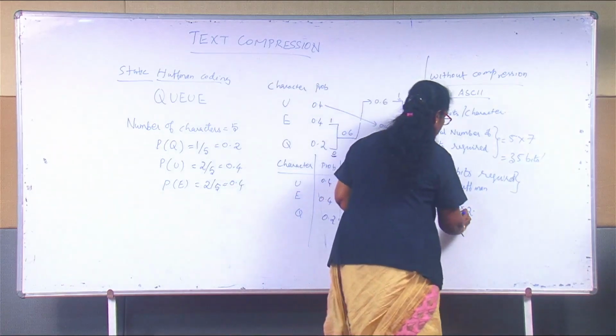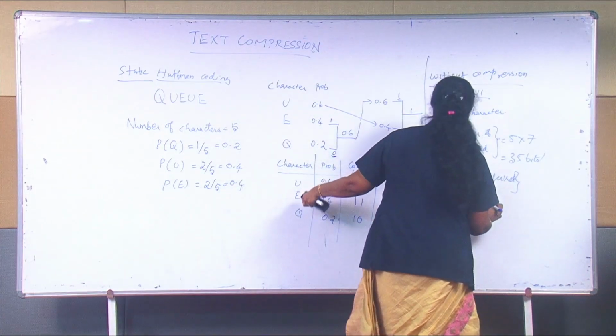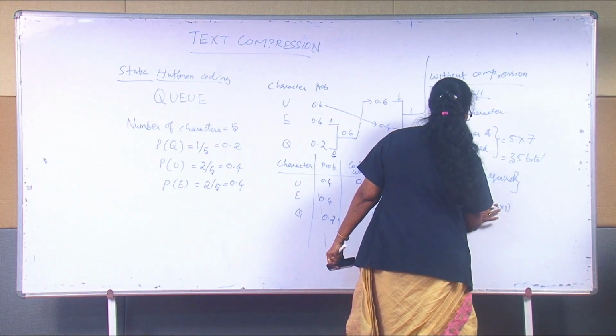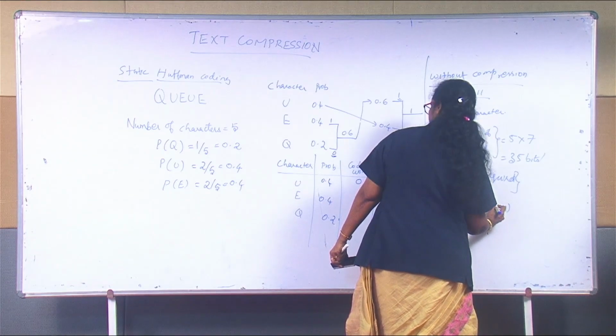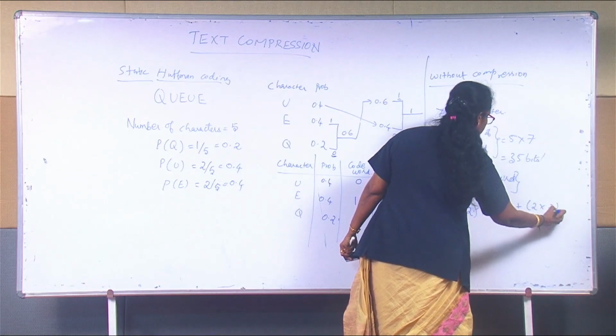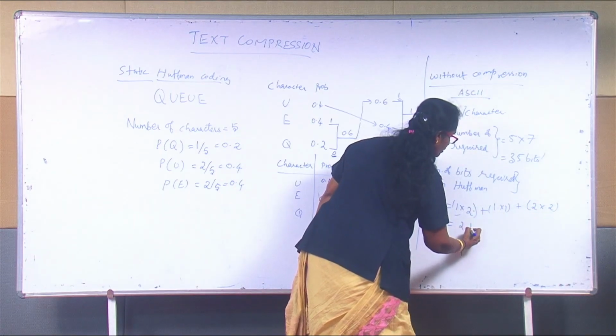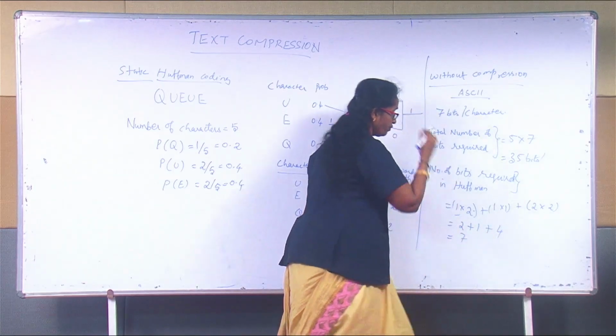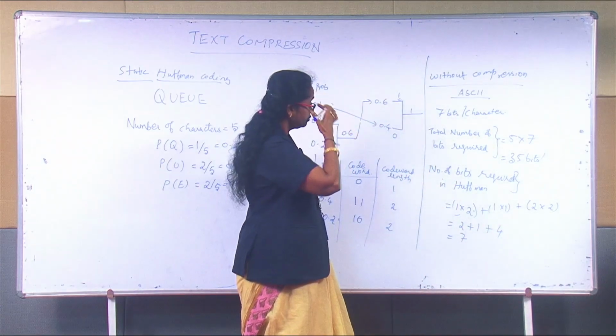And then the probability of U, that is U into 1, U is occurring only one time, and E has occurred 2 times and its value is 2. Therefore, 2 plus 1 plus 4, so totally you have required 7 bits.